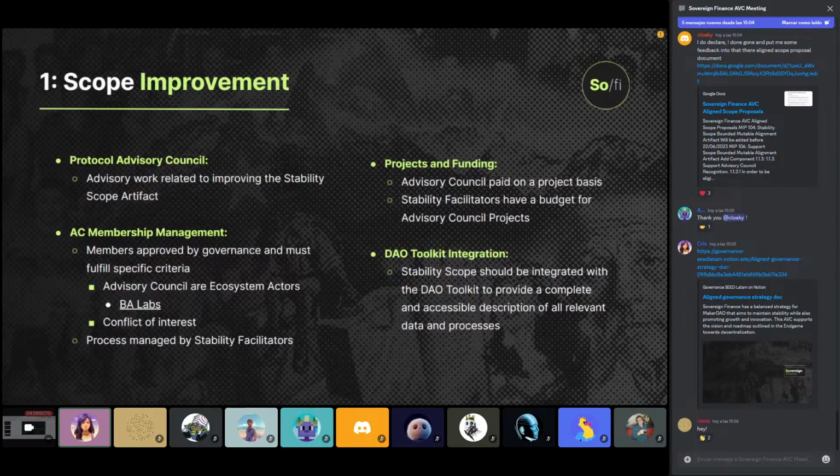As you can read here, and as we also saw in the same section in the previous scope, council members are chosen by Maker governance, based on specific rules and criteria. And advisory councils are ecosystem actors. Shout out to BA Labs. We have them today, and in just a couple of seconds they're going to start sharing more information about their role and more topics relevant to this scope.